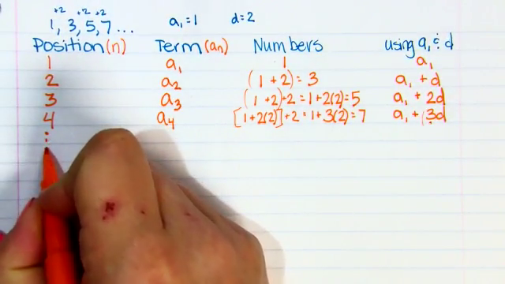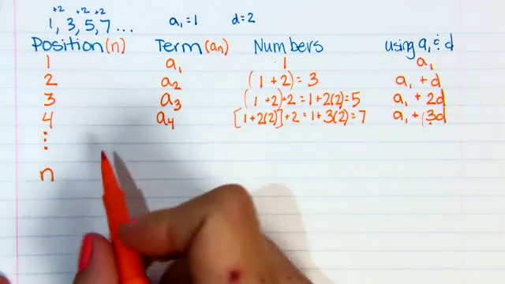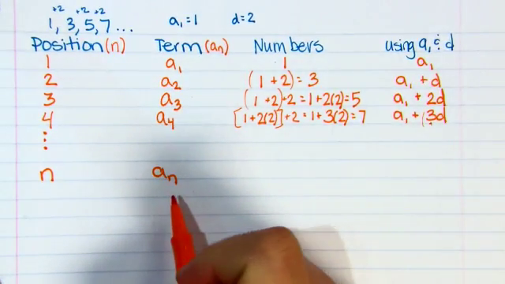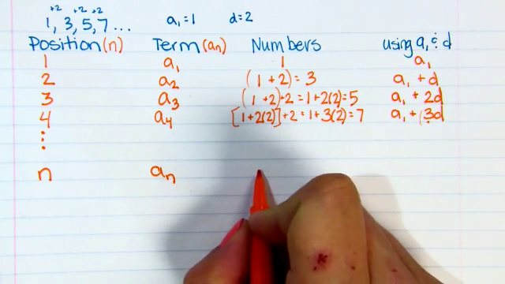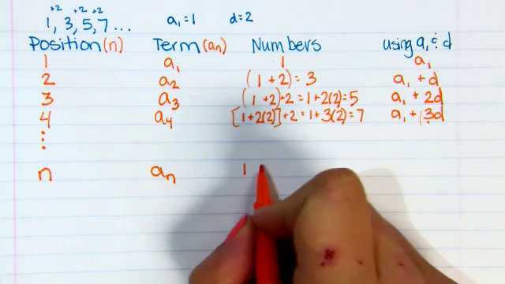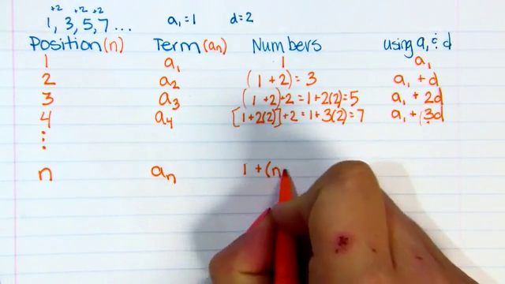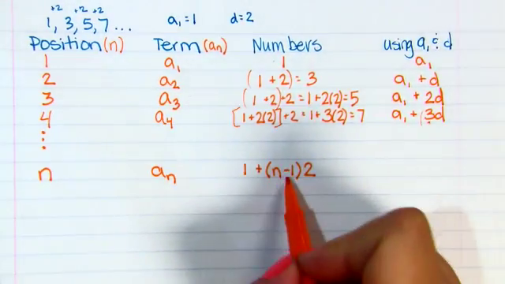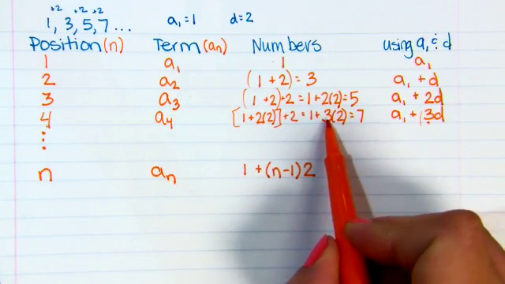So if I wanted to summarize that, for position n, I call that a sub n. That's my nth term. What I would be doing, in this case, is taking my first term and adding n minus 1 times 2. Because look, if I wanted my fourth term, I added 2 3 times.